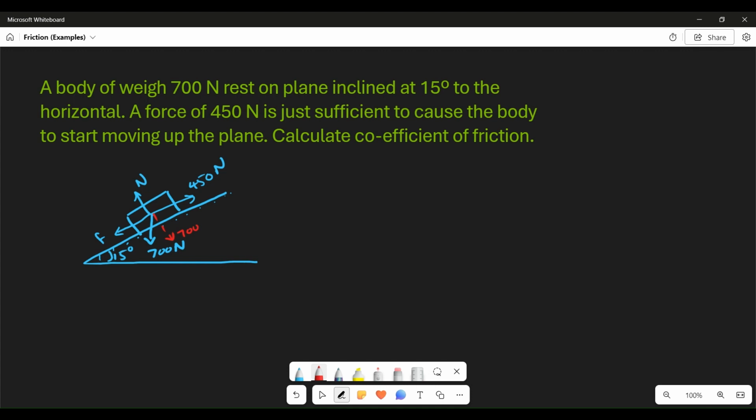So 700 cos 15 degree, as this is adjacent side, and other component will be this way, which will be 700 sine 15 degree. Now your forces are N and 700 cos 15 perpendicular to the plane, and F, 700 sine 15 and 450, these three forces parallel to the plane, and you need to find mu, coefficient of friction.